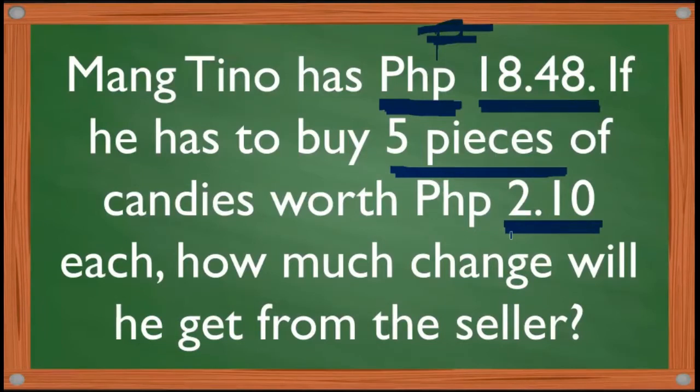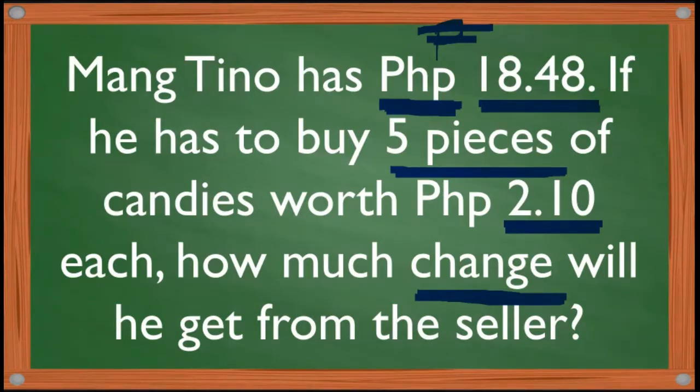How much change will he get from the seller? Again, Mang Tino has 18 and 48 cents. If he has to buy 5 pieces of candies worth 2 and 10 cents each, how much change will he get from the seller?